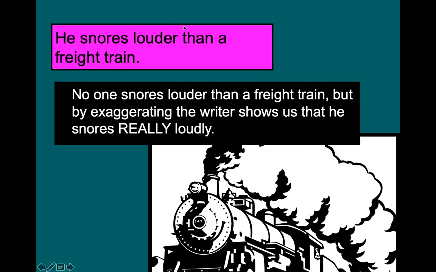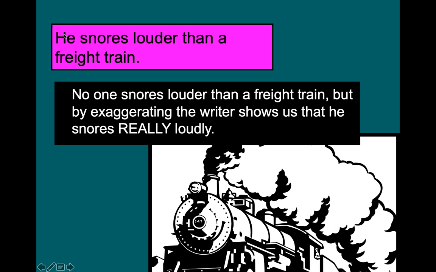Here's an example of a hyperbole. He snores louder than a freight train. That's a hyperbole because it is an exaggeration. Nobody in this world can snore louder than a freight train, and if they do, they probably need to get checked out because something's not right.